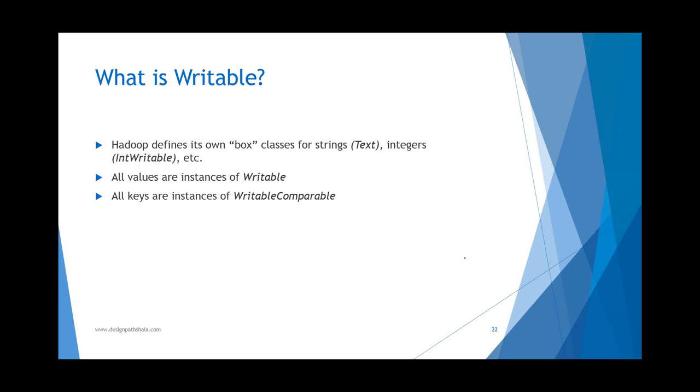As the name itself suggests, it is writable, that is, we can write the state of an object. All the keys and values which are produced from your reducer have to be persisted on the file system, and if they have to be persisted on the file system, they have to be writable, that is, they can be written onto the disk. So the keys and values have to be writable, and that's what I'm trying to explain here.